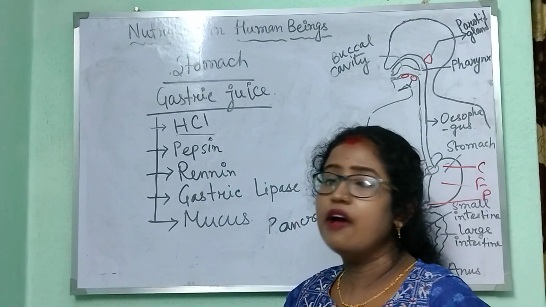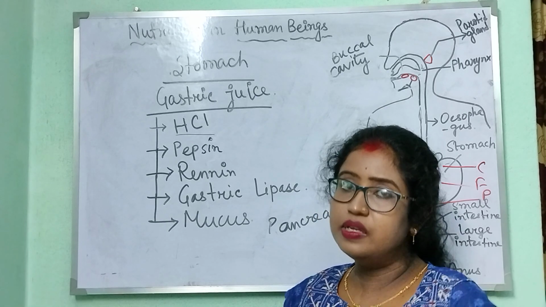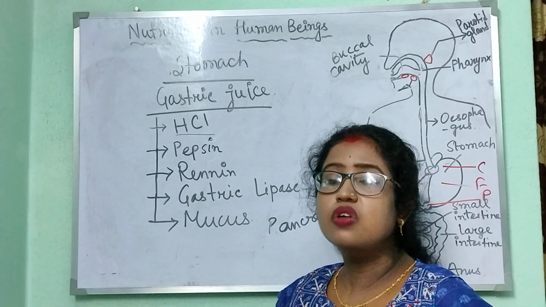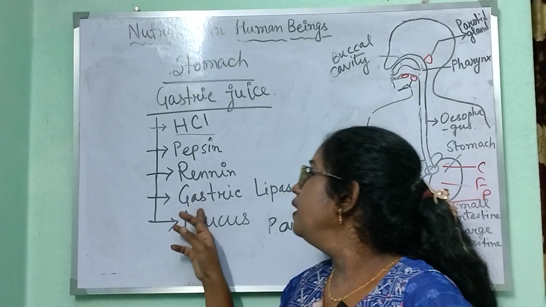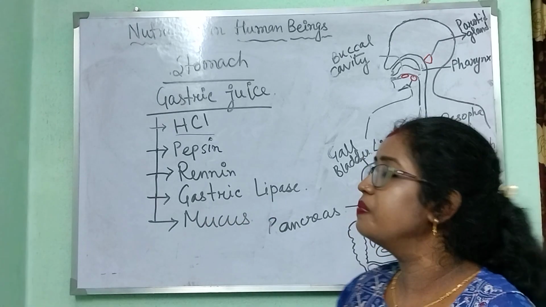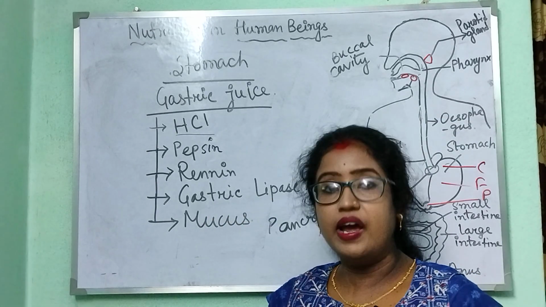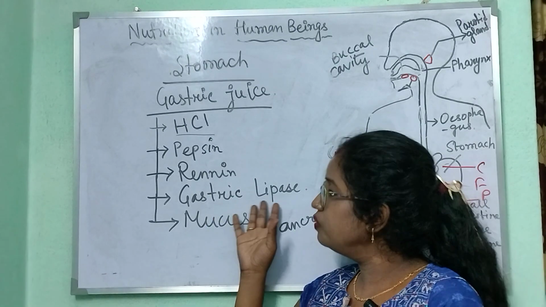Then we have renin. Renin actually breaks down the soluble milk protein into insoluble form, that is casein. Then we have the gastric lipase. The gastric lipase breaks down the fats.